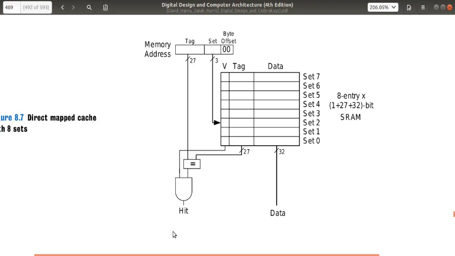Only then we get a hit, and then if you want, we can access the data. This is how, for our particular example, we check whether that data is correct or not, or we access that data.